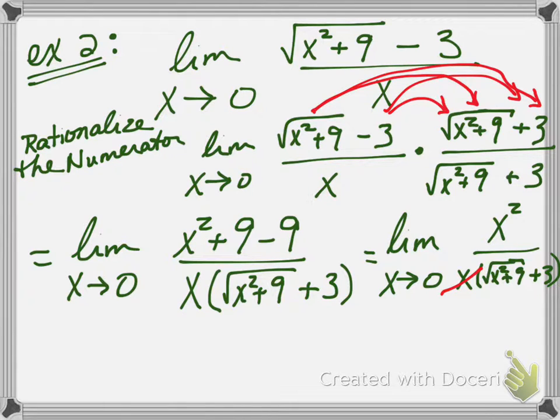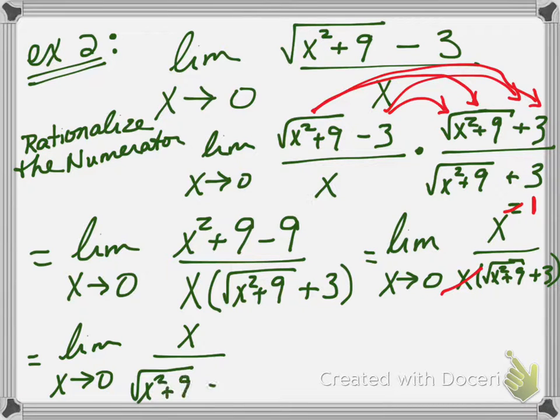So I'm going to cancel that, and cancel one factor of x out of the numerator. And so we're left with the limit as x goes to 0 of x divided by the square root of x squared plus 9 plus 3, which is 0 divided by 6, which just equals 0. So once we do the rationalizing of the numerator, the limit equals 0.